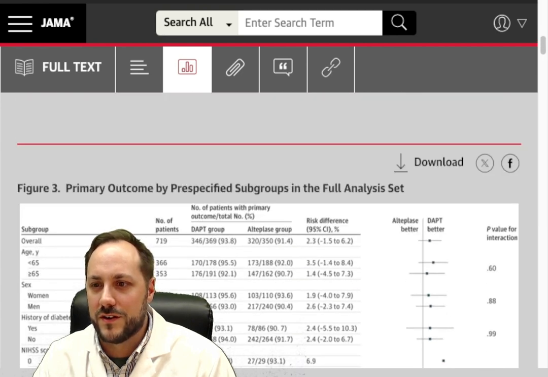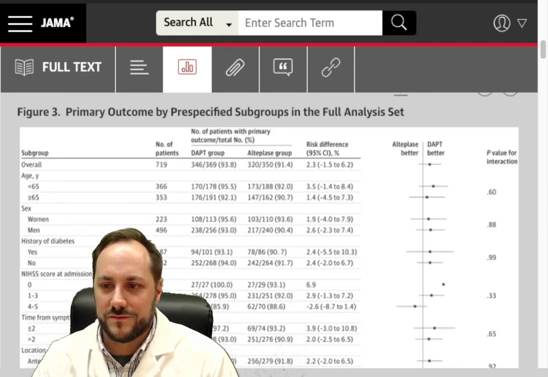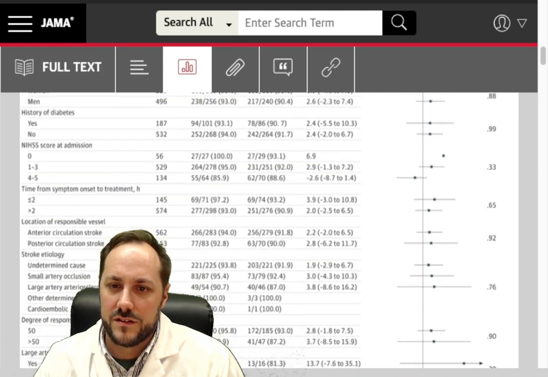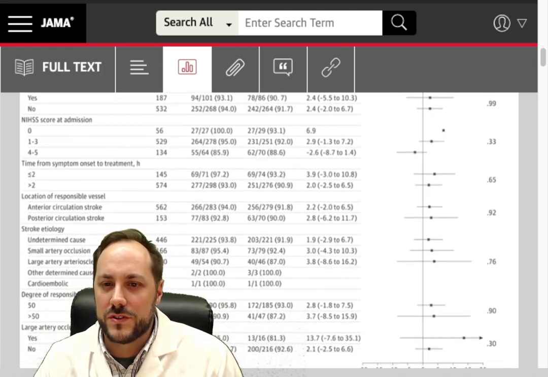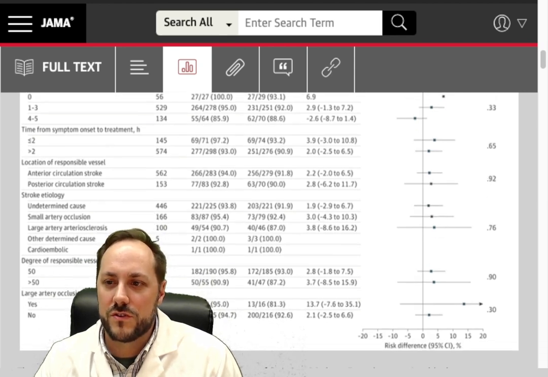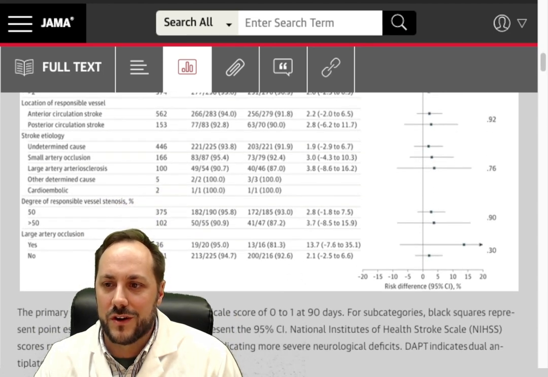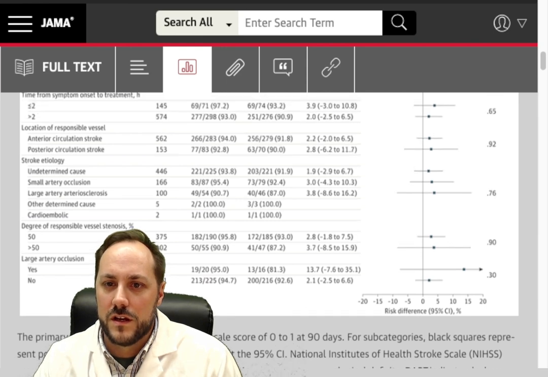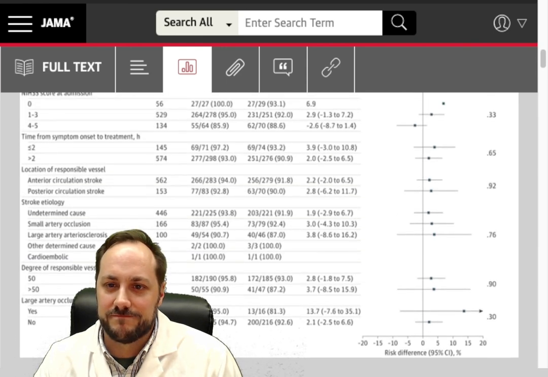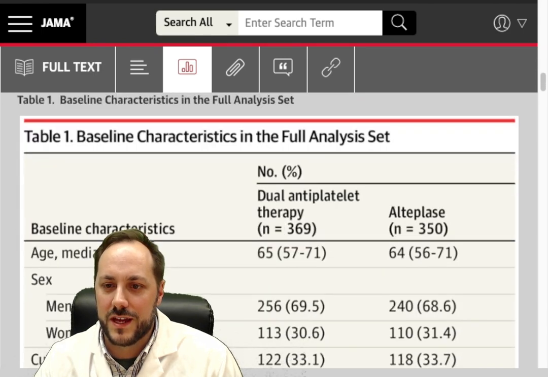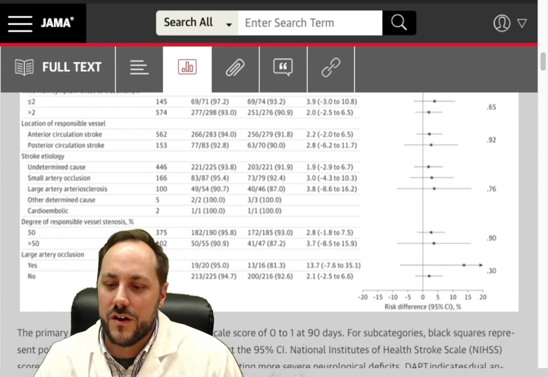So you have alteplase better versus dual antiplatelet better, and you can go through and look at, is it anterior circulation stroke, posterior circulation stroke, what was the cause of the stroke, it all kind of trended toward having a little bit better outcome with the dual antiplatelet, kind of regardless. Large artery occlusion, all included in there, and really it just all trended toward that, but all of these bars cross.